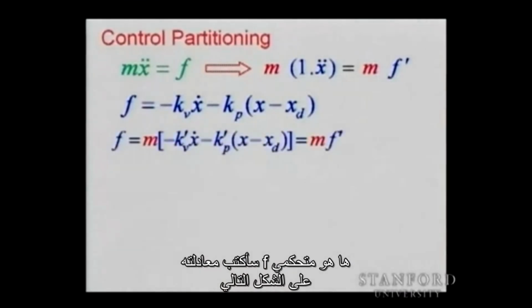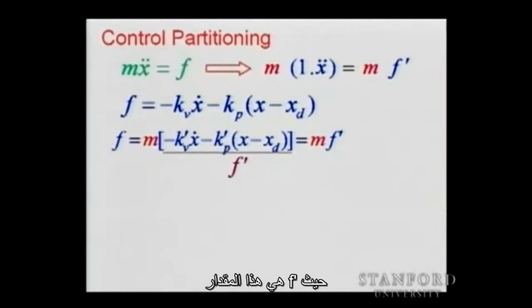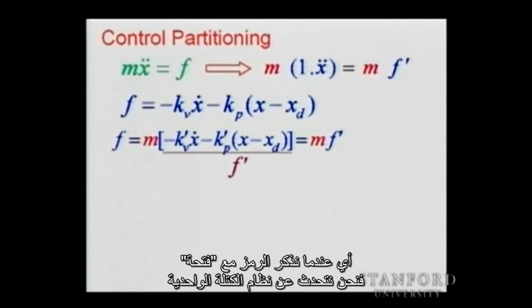So here is my controller F. I'm going to write it as M times F prime, where F prime is this quantity, a PD controller designed for unit mass. So we always denote these as primes of Kv or Kp. So when we say prime, we are talking about the unit mass system.